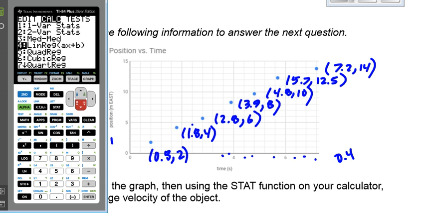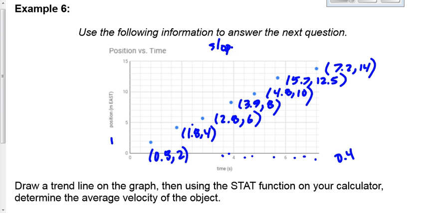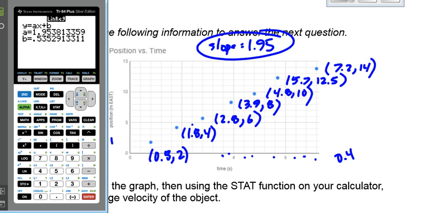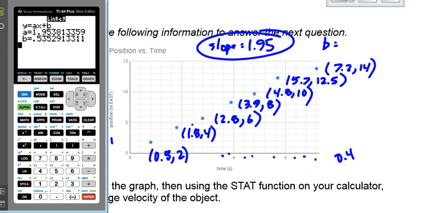Not a big deal. Keep hitting enter until I get an answer. Calculate. All right. That tells me the slope of my graph. The equation for my graph, y equals ax plus b. The slope of my graph, a, is 1.95. And the y-intercept of my graph is 0.535.